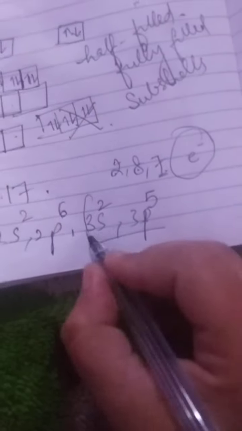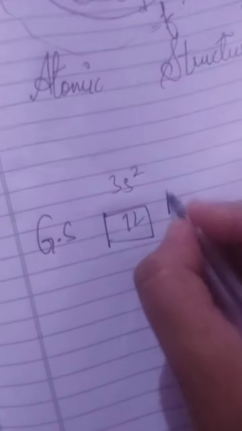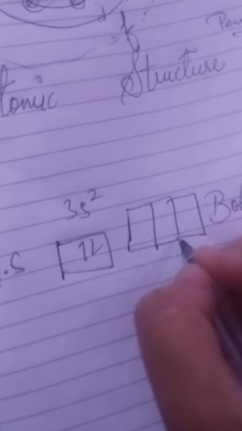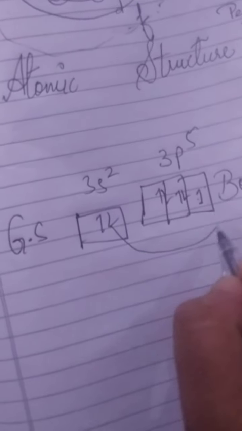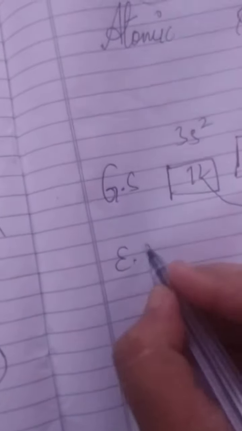Now, in the ground state, you will take the last shell, S and P. S has 2 electrons, P has 3p5, so you will fill like this, and then you will couple. Here is one lack of electron, so you will shift this electron here in the excited state.